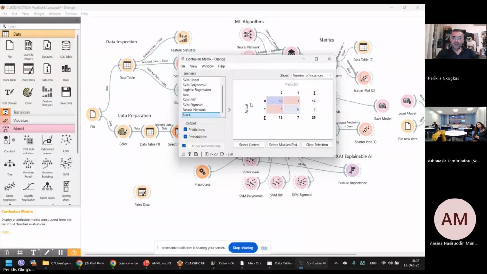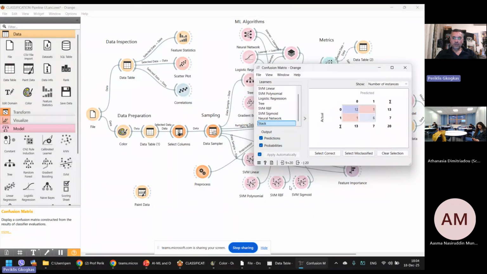So in the rows we have the actual cases, whether the customer was actually a 0 or a 1, a good customer or a bad customer. And on the columns, we have how our model predicted those customers, whether it predicted them as a good customer or a bad customer.